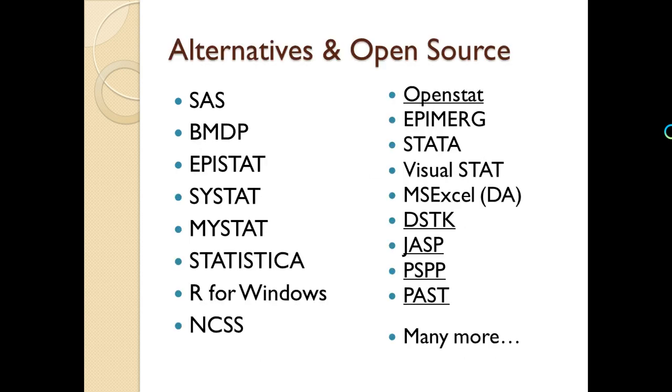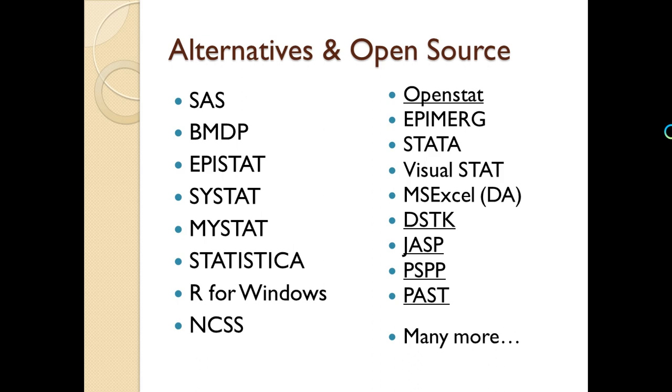Today there are many competitors for this software, and I'm going to show you a list of alternative or competing softwares. Very competing are SAS, BMDP. I'm not going to elaborate on the softwares. That's not part of our syllabus or the lesson.